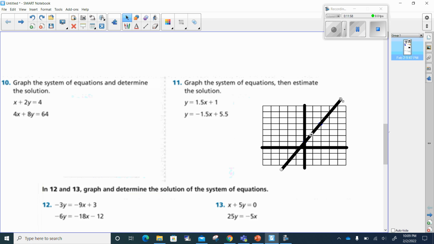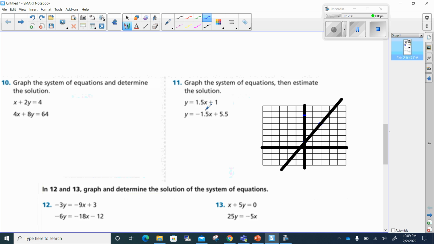Okay. All right. Next, it says that I have, let's see, 5.5, and if I go up here, this would be, what was this? Yeah, that was 1. So 1, 2, 3, 4, 5, and then 0.5 would be right here.